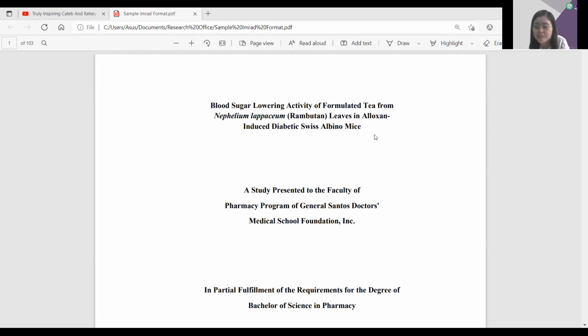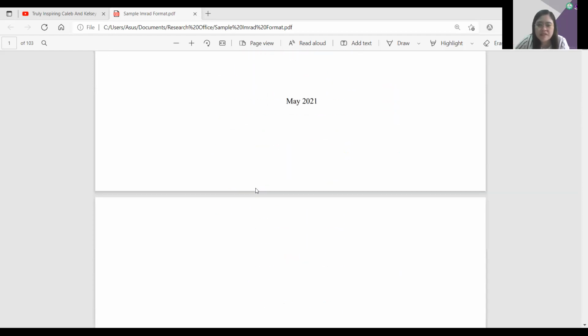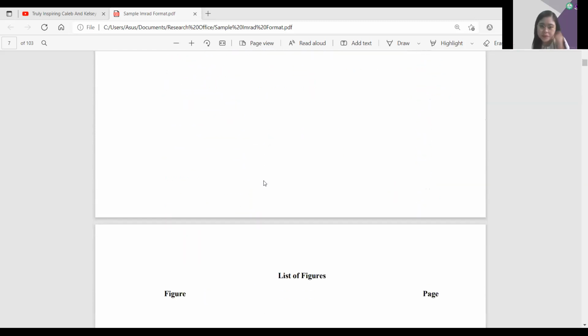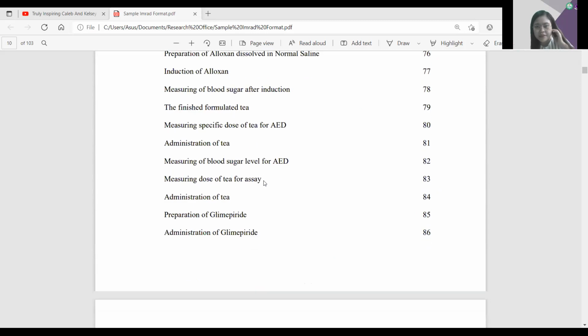From the title itself, you can really say that this one is an experimental na study. Quantitative experimental study using laboratory animals. To be specific, they used Swiss albino mice for this. And after investigating the activity of their plant material, they formulated their own dosage form, and it's in the form of a tea. Okay? So, tingnan natin yung kanilang presentation of data.